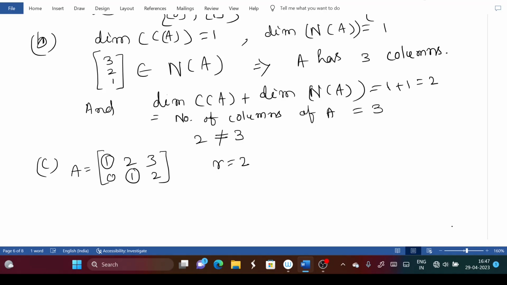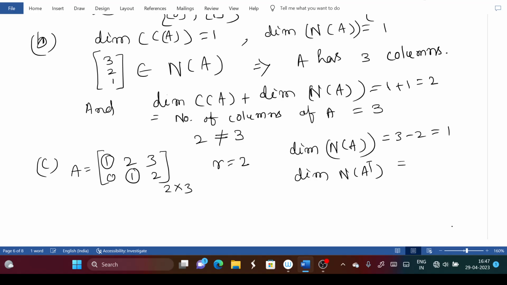It is 2 rows and 3 columns. So the dimension of the null space of A is equal to 3 minus 2, that is 1, and the dimension of the left null space of A is equal to 2 minus 2, that is 0.